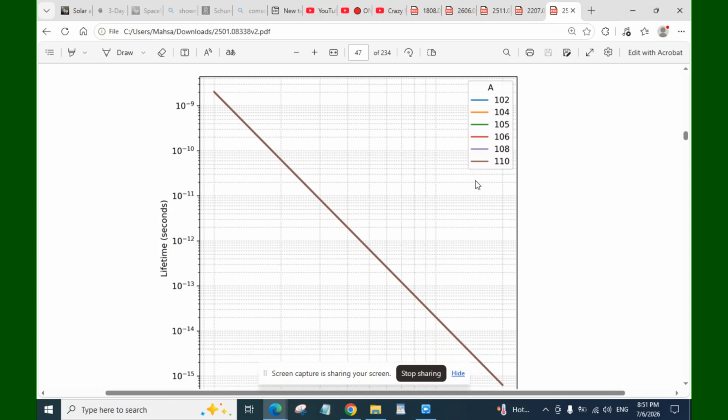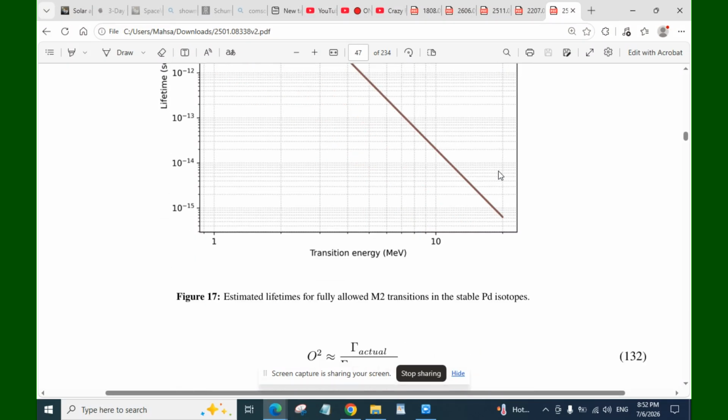The blue line is for palladium isotope 102. The orange line is for isotope palladium 104. The green line is for isotope palladium 105. The red line is for palladium isotope 106, the purple line is for palladium isotope 108, and the brown line is for palladium isotope 110.